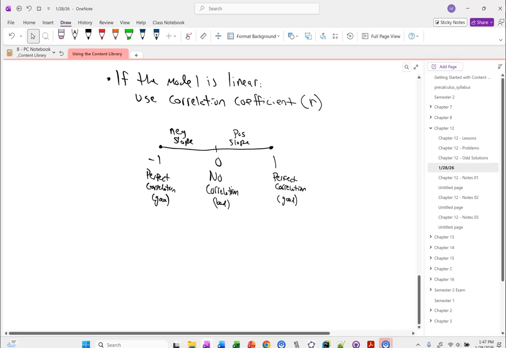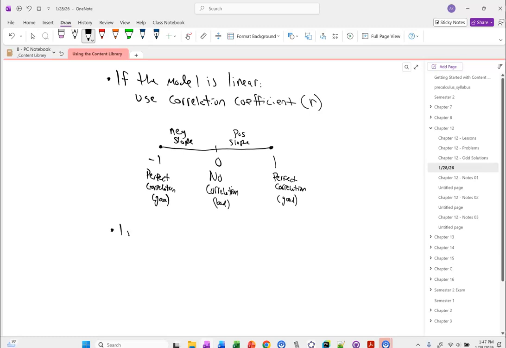And we have yet to talk about how we're building these models or how we're calculating this R value or anything. We'll get to that. What do we do if the model isn't linear?